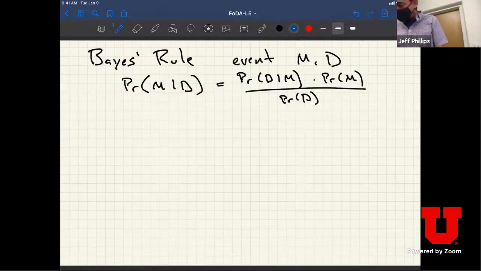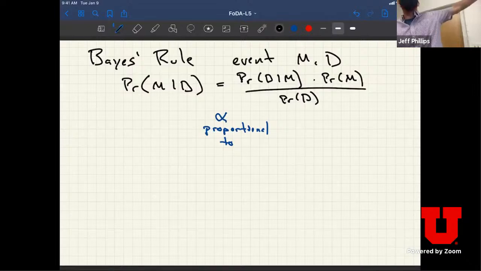Okay, so the first thing I want to introduce today is this symbol. This means proportional to. It's like an equal sign, right?